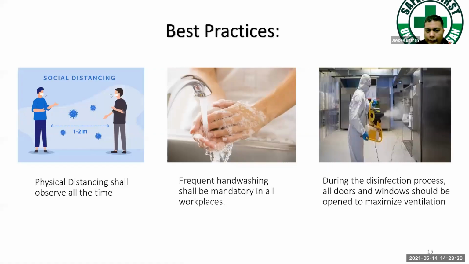For the best practices, first, as we all know, physical distancing is observed all the time. Especially today, we need to be more active with physical distancing. Then frequent hand washing should also be mandatory in our workplace, especially when we have other tasks to do.